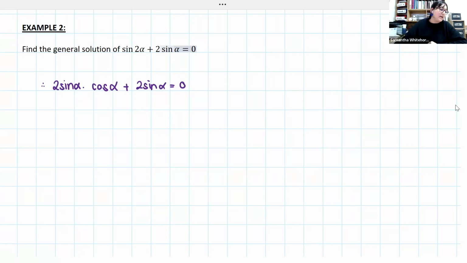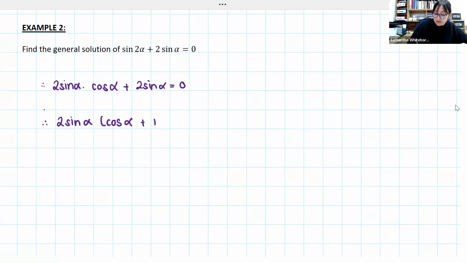And so that means you can factorize. My highest common factor here is 2 sine alpha, leaving me with cos alpha. I can't spell cos tonight.